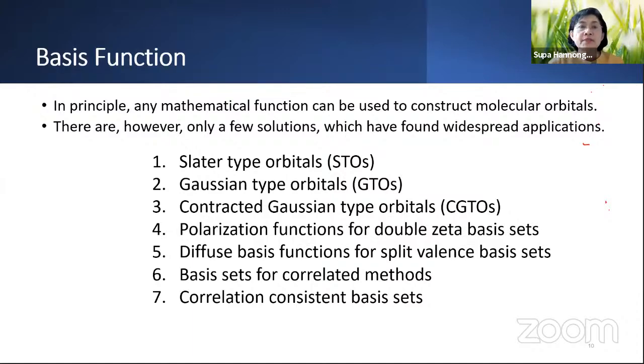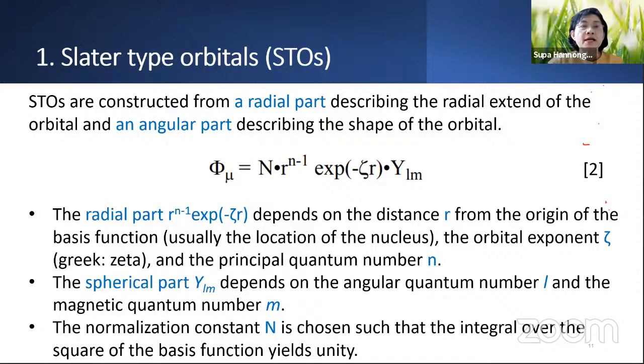Next, probably I can introduce to you first the Slater type orbitals, or STO. I'm not sure any of you have ever heard about the STO. I hope that some students may know about this, but not all, I'm sure.